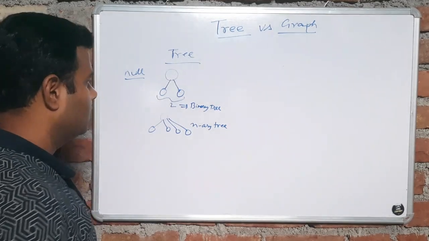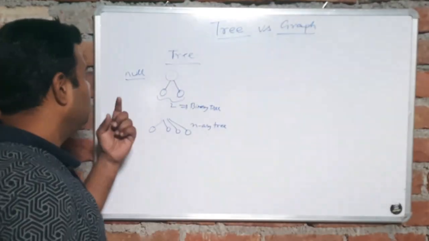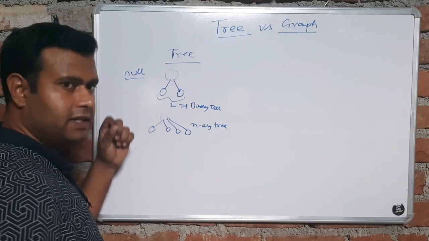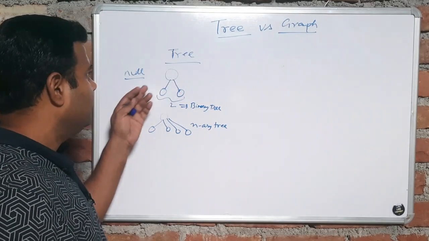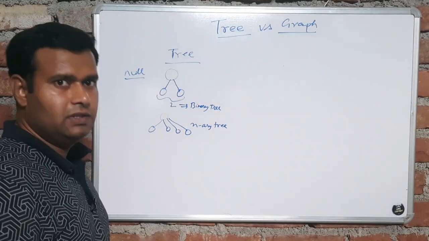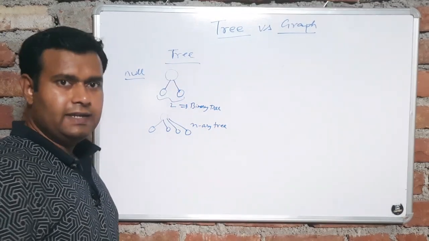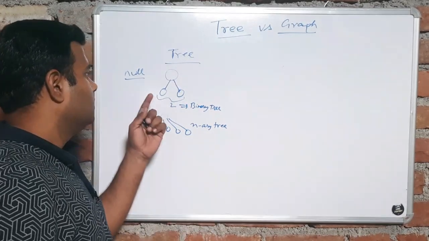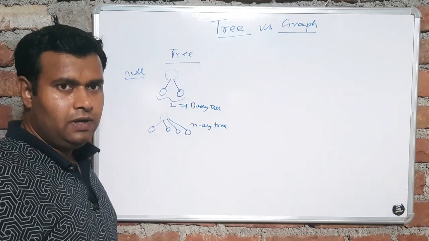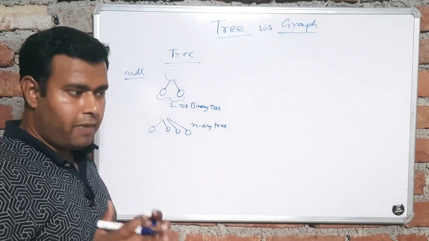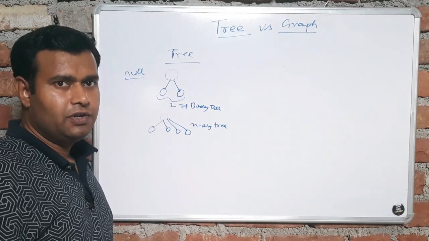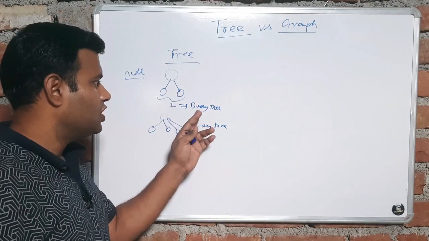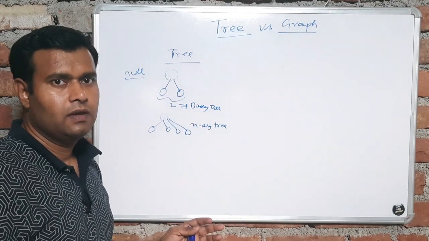So what definition did you get? If there is null, that is also called a tree. If there is a node, then it is a tree. It can have its children, either 0 or multiple. If the maximum children allowed in a tree is 2, then it is a special type of tree called a binary tree.